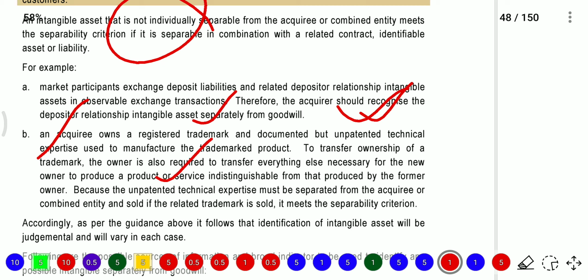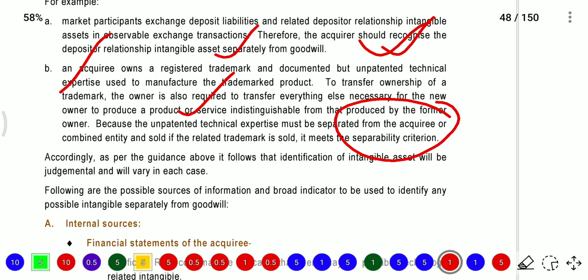Because the unpatented technical expertise must be separable from the acquiree or combined entity and sold if the related trademark is sold, it meets the separability criterion.